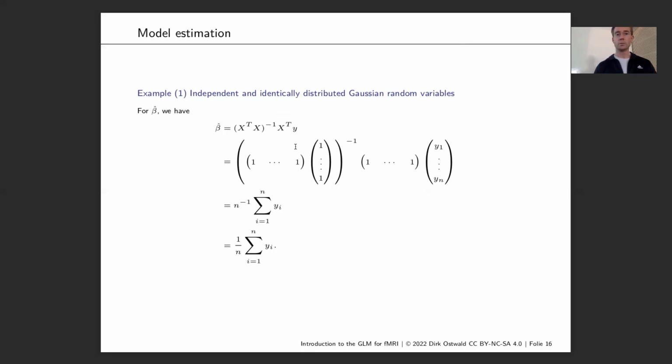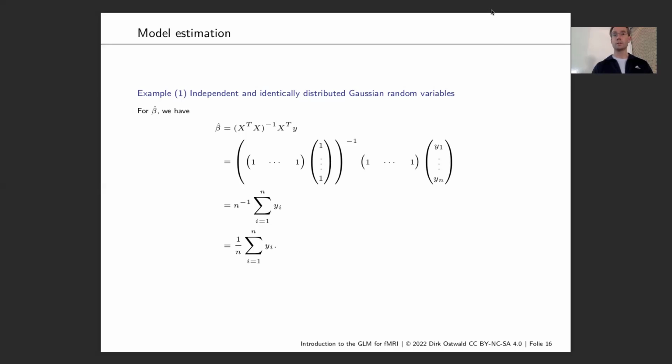And so here you multiply 1 with 1 all the time, n times, and you add them all up. So you get n. And then you take the inverse of n, so the reciprocal, that's 1 over n, or n to the power of minus 1. And here you have the transpose of this column of ones, and you multiply all the data points with that. So you have all the data points, and you sum them all up. So here you have the sum of the data points, and then the beta hat is just the sample mean.